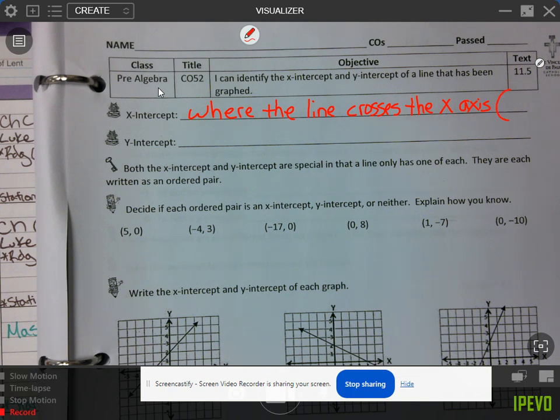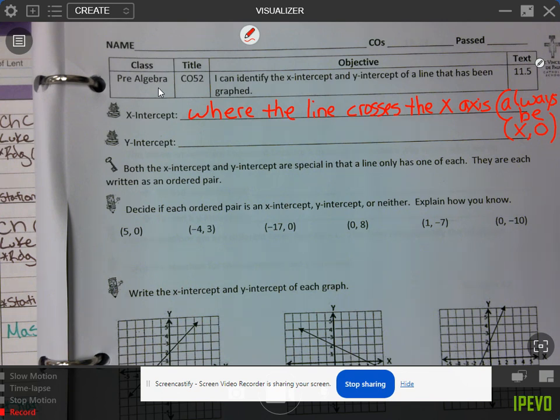So, it will always be, we have an x and we have a 0 at the y. So we'll have an x and then y will always be 0 for that x-axis, because that's right where it's crossing that x-axis. Y doesn't go up or down at all. It stays on the x-axis.